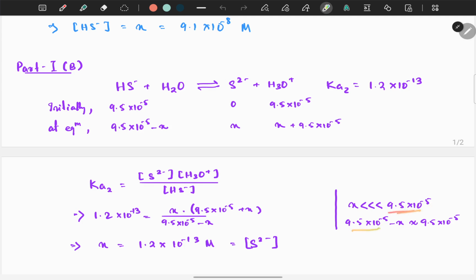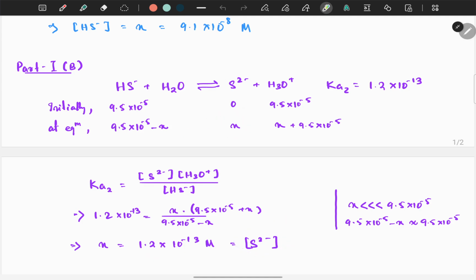So 9.5 into 10 to the minus 5 minus X must be nearly equal to 9.5 into 10 to the minus 5. Similarly, 9.5 into 10 to the power minus 5 plus X will also be equal to 9.5 into 10 to the power minus 5. So again, by substituting the values, this will be cancelled out. So we will get X is equal to 1.2 into 10 to the minus 13, which is the concentration of S2 minus.